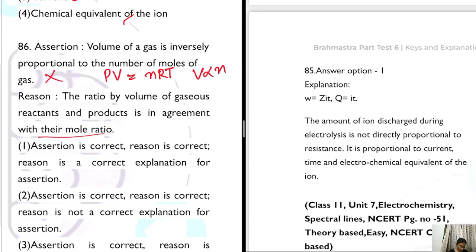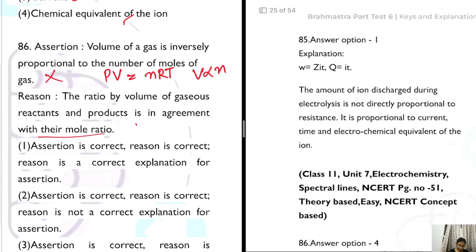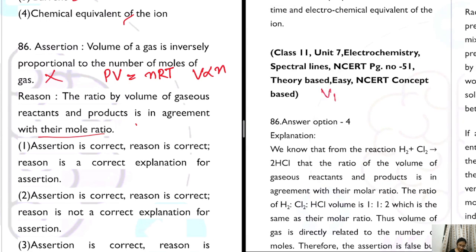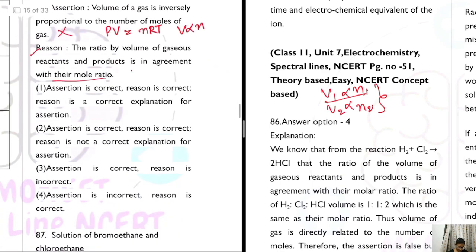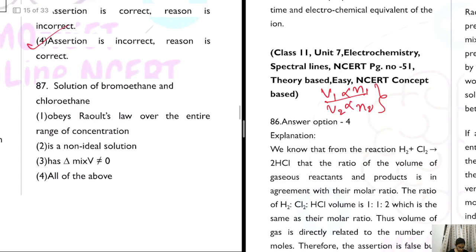We know, if, for example, I have V1 volume of a reactant with n1 moles and V2 with n2 moles, these are directly proportional. If I divide these, then obviously their ratios will also be in agreement. So the reason is correct. So what is the correct answer? This. Let's see the next question.